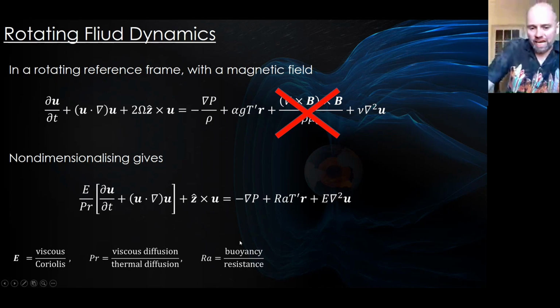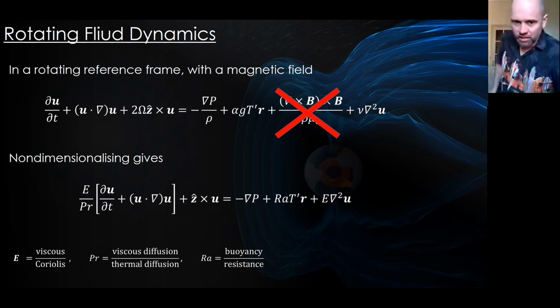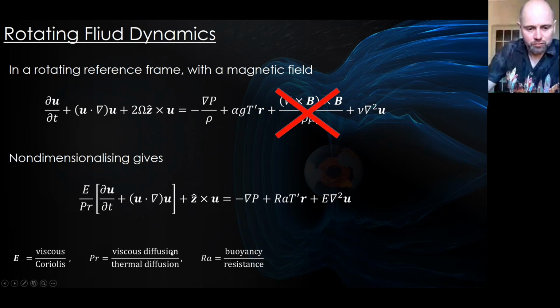You might have seen the Rayleigh number before if you've looked at convection. It's the ratio of all the effects driving convection, in this case the buoyancy, divided by all the effects resisting convection, which are normally diffusion that would try to wipe out any thermal anomalies in the system. The Prandtl number is the ratio of the viscous diffusion and the thermal diffusion.